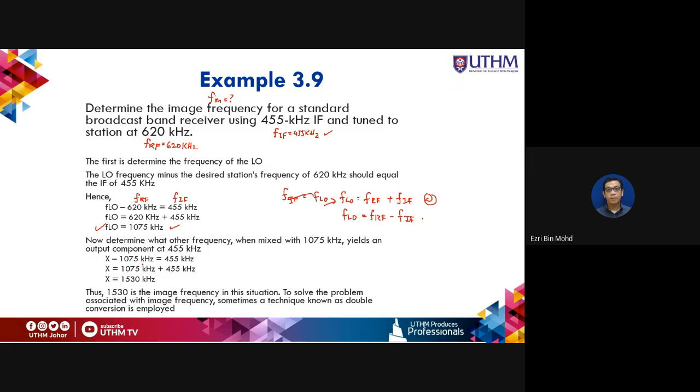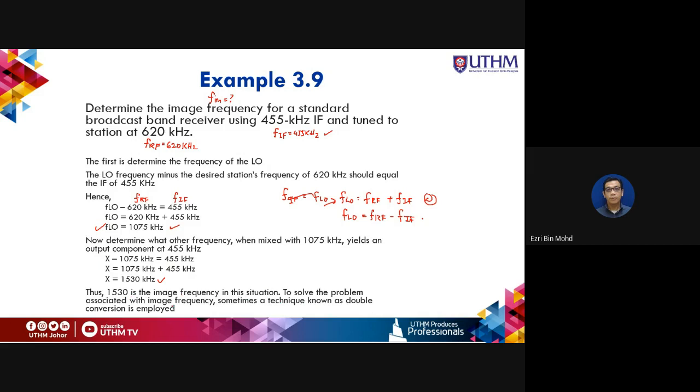So X minus FLO, you get 455, then X equals 1530 kHz. So this signal is the image frequency in this situation.